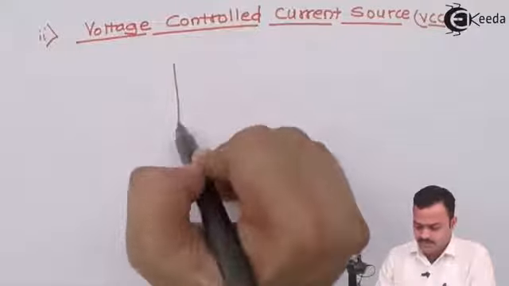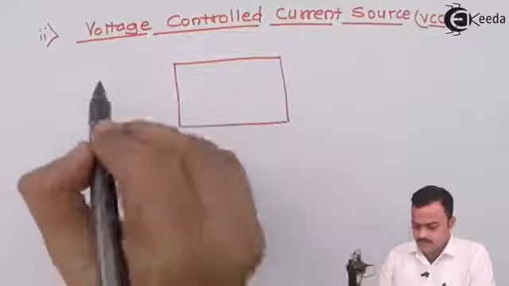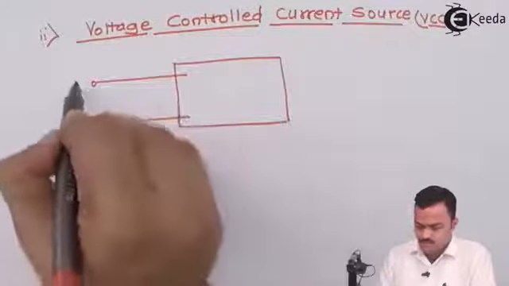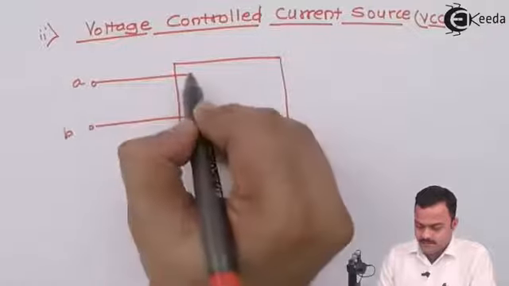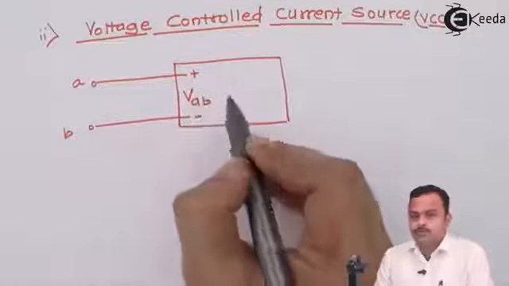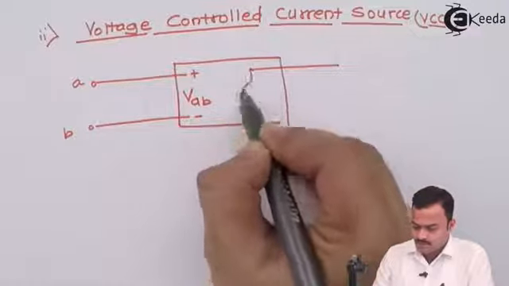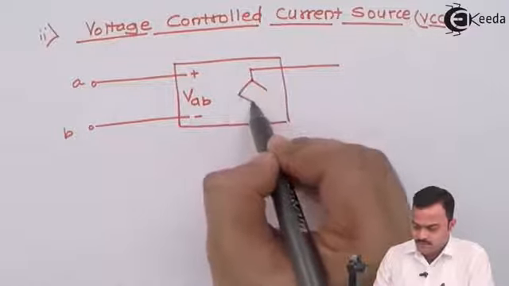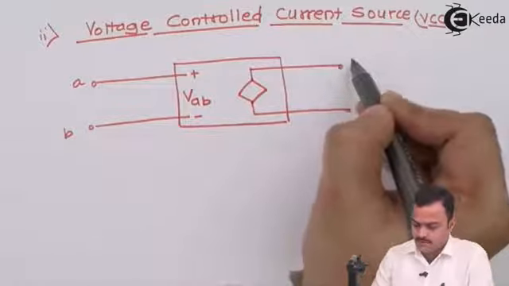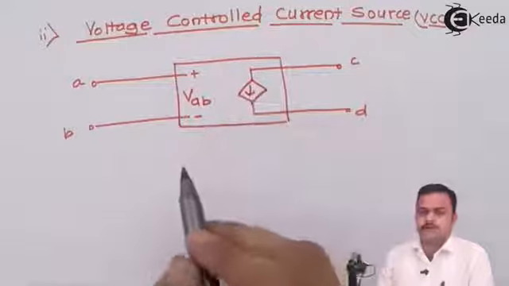Once again, we'll consider the same two-port, two-terminal circuit. So this is A and B having a voltage VAB. This voltage will control the current at this side, and it is represented with a diamond shape. Just to interpret, it is a dependent source, and being a current source, it will have an arrowhead.